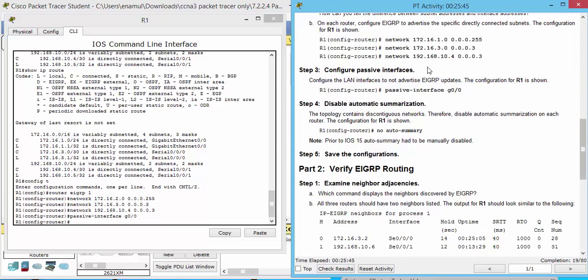Now, what is passive interface? When you configure EIGRP, we are in the router, and EIGRP is enabled.